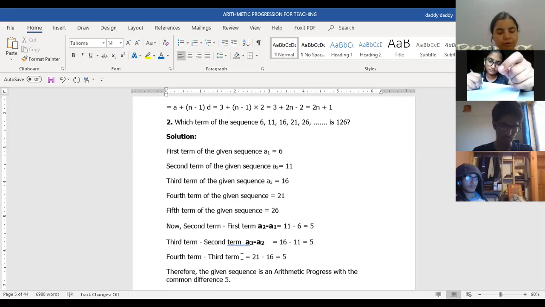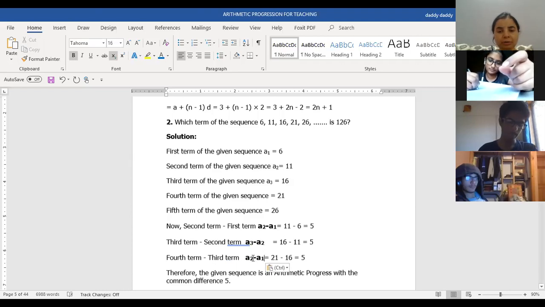So you have to do it three or four times, A4 minus A3. With all of them, the preceding and succeeding terms, the term which is afterwards will always be written first and then the preceding term. Always you will follow this only and not the other way around.